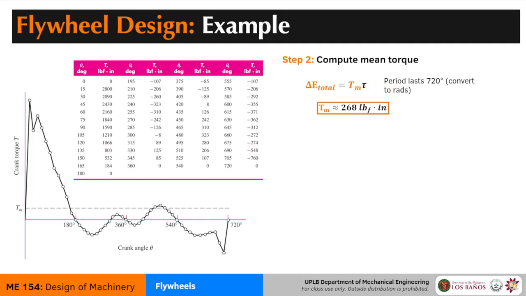All right. So next, let's calculate the flywheel inertia. To do that, we have to take the starting loop. This is the loop wherein the flywheel will store energy to dispense for the rest of the cycle. And where is that positive loop occurring? It's occurring from 0 to 180.